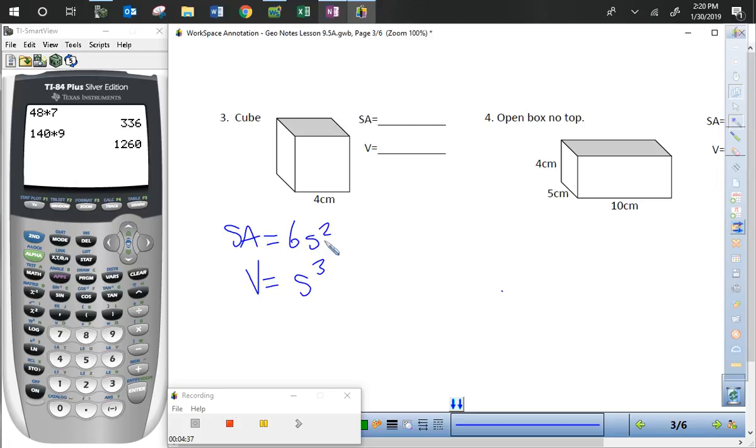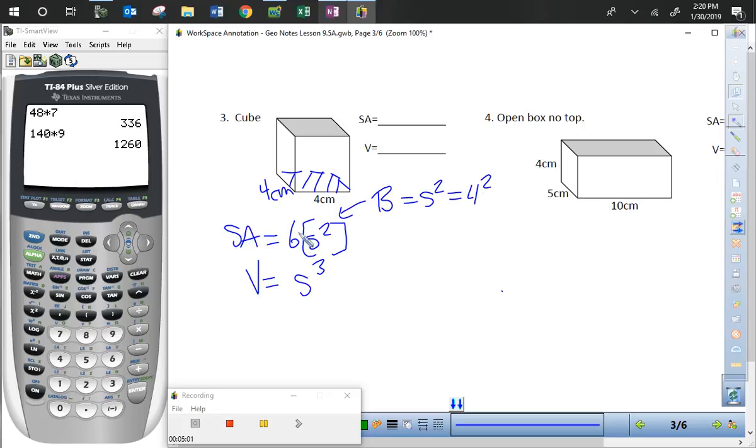With our surface area, this s squared represents the area of the base. Okay, with a cube, all the sides have to be the same. So this length would be 4 again, and then the area of that is s squared, or 4 squared.